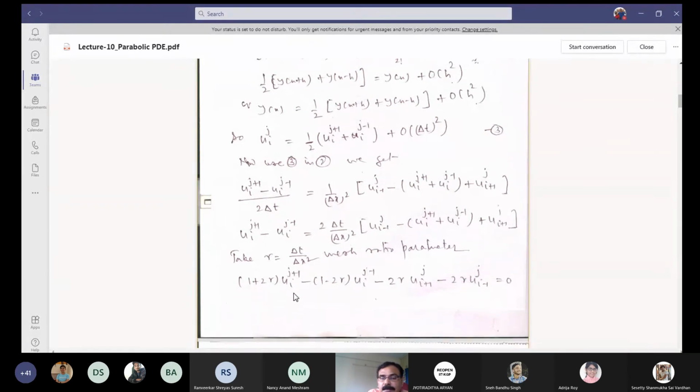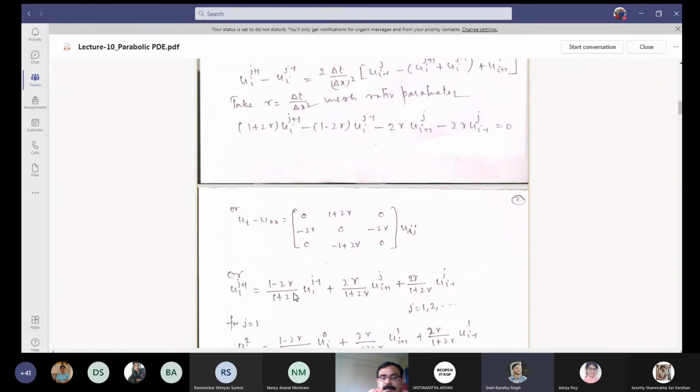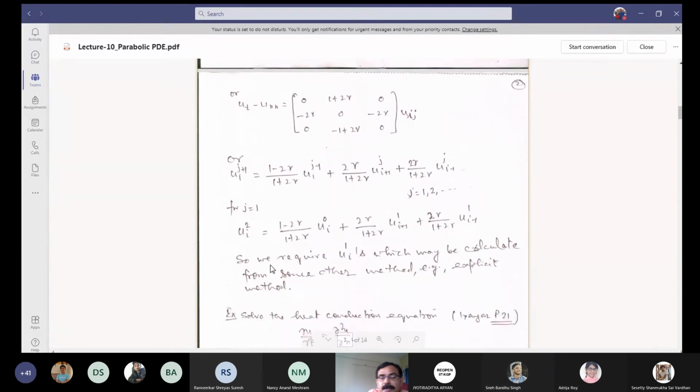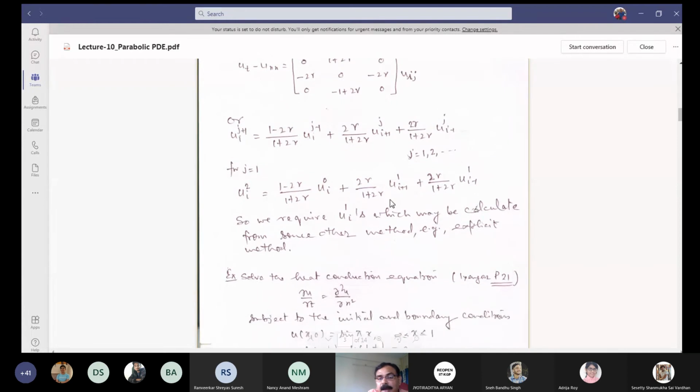Did you understand? So you require the j equal to 0 value, you require the j equal to 1 values, then you can calculate for j equal to 2, right?